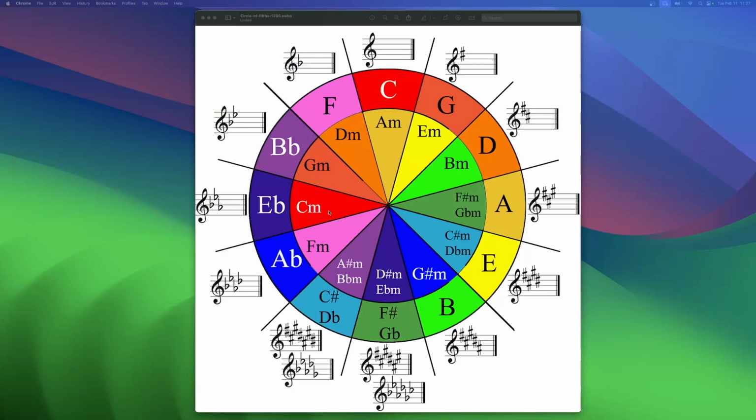A common misconception would be, well, if I'm using C major, I could just easily use C sharp major and pull some chords from that, because it's both C, right? And you'd be wrong. This key signature, C sharp major, is vastly different from C major.